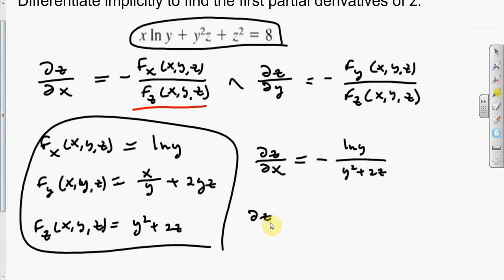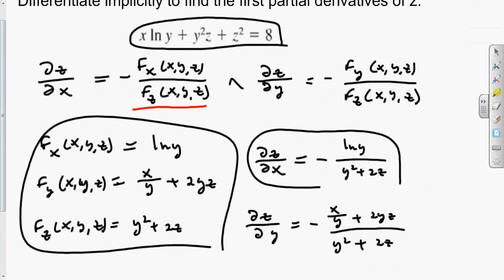The partial of z with respect to y is a negative based on the formula. Upstairs is f sub y. Well, this is x over y plus 2yz all over f sub z. That's y squared plus 2z. You can simplify that because there's too much going on there for that second one.